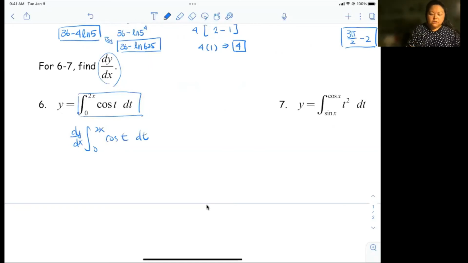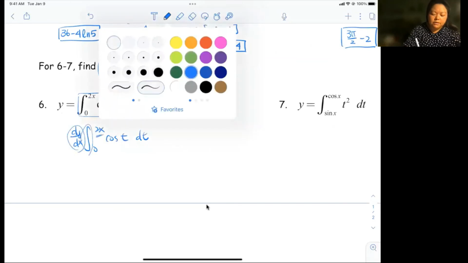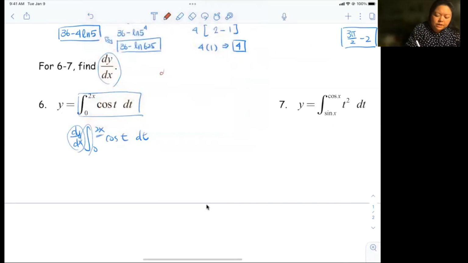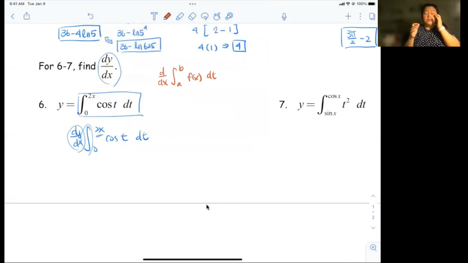Now, we talked about this earlier that, hey, doesn't the derivative and integral kind of cancel each other out? So what about this 2x and this 0? What does it do? Okay, so write yourself a note. When you're taking d dx of an integral from a to b of a function, and it's usually dt, right? Because it's a different variable here. You're plugging it in and you're dealing with chain rule.